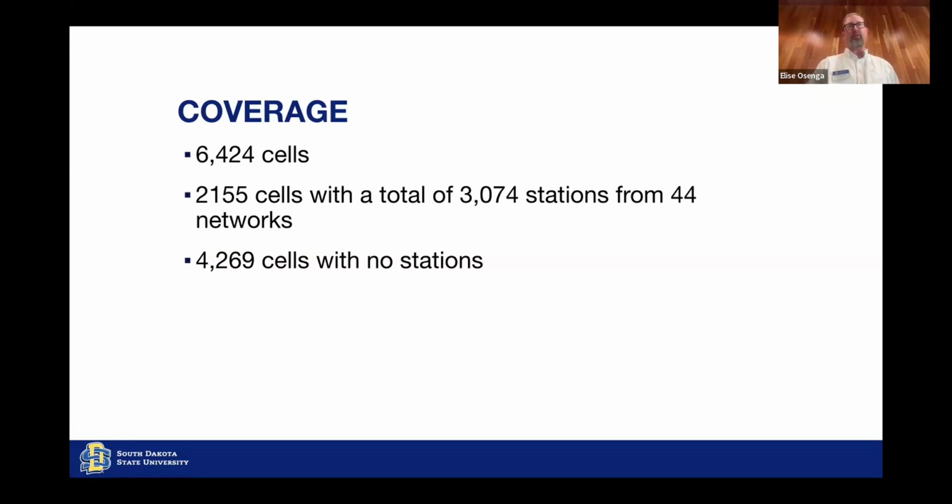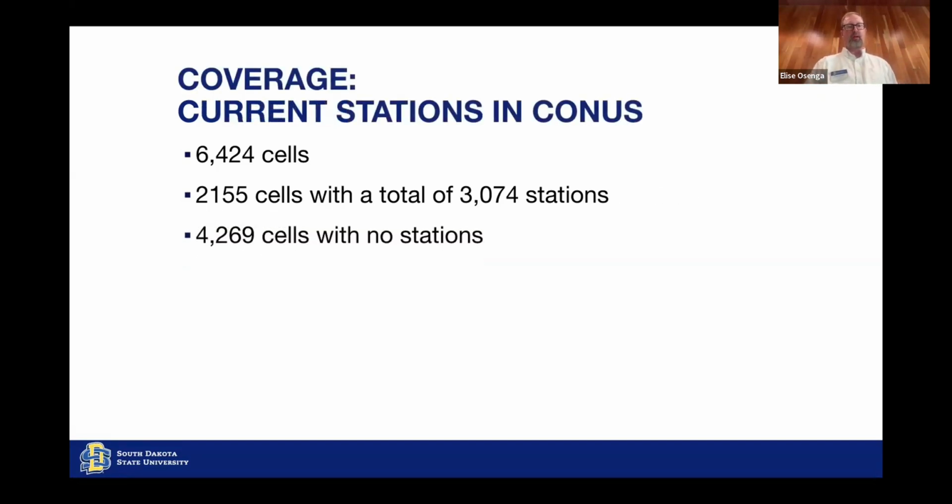That means that we've got over 4,000 cells with no stations at all. And this is where the white paper I think would come in useful, if we had a plan on the shelf to fill those if the opportunity arose.